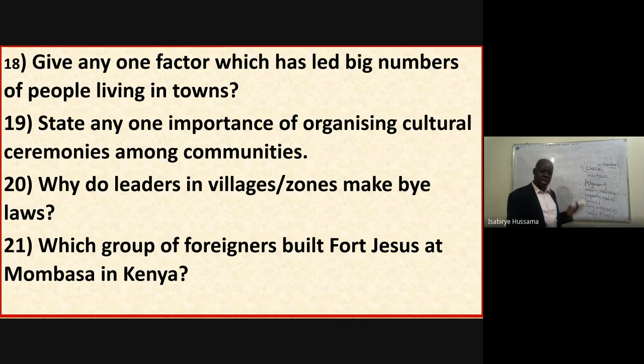So promoting girl child education, discouraging early marriages, discouraging polygamy, and encouraging family planning are ways of controlling the fast-growing population. Question on check, what are these natural hazards?